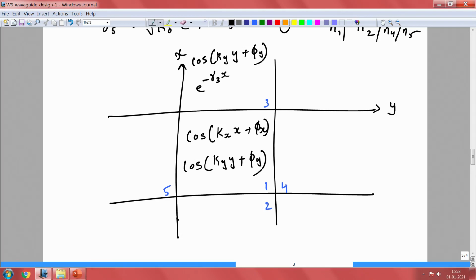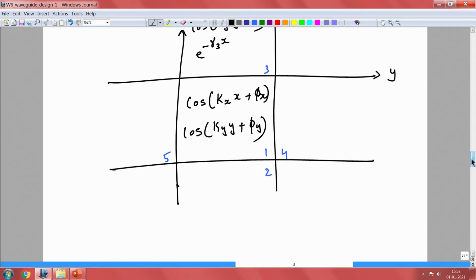So, now let us look at region 2, right. Again it is quite trivial that you should have an oscillating solution along y. So, cos ky y plus phi y, but now it should decay here along x, right. So, e to the power gamma 2 times x plus a.